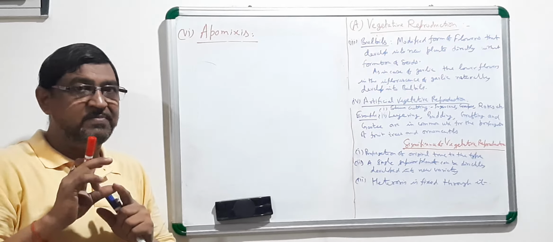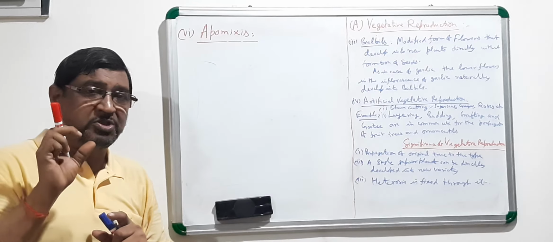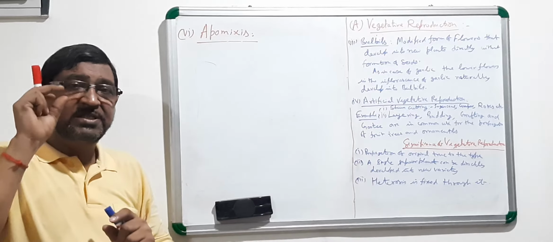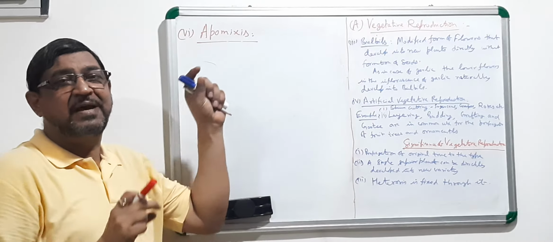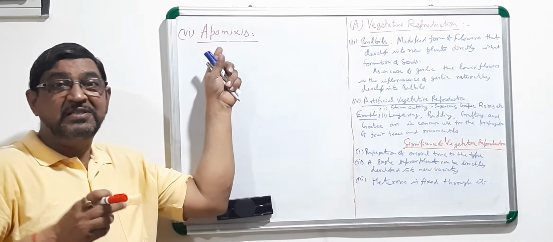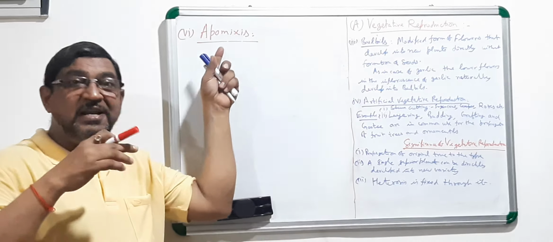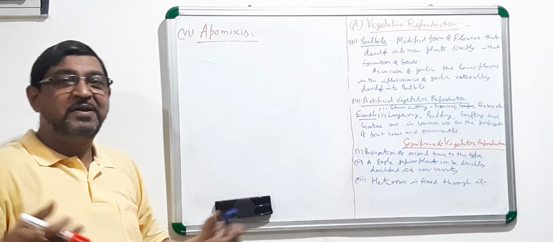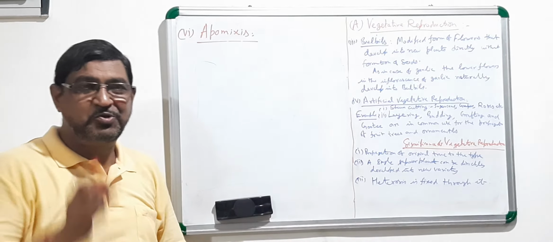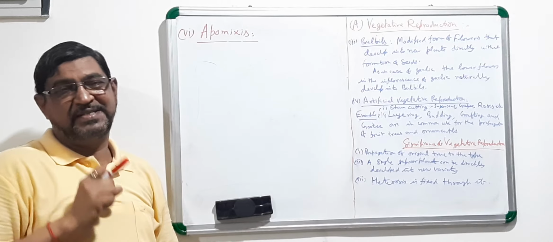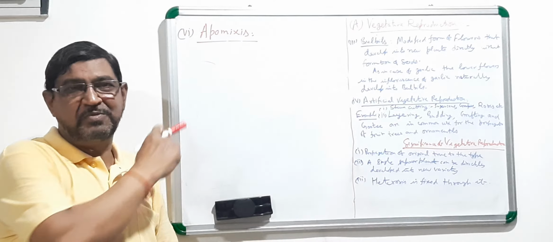The same genetic architecture is there in that seed, because it is produced asexually. So if you are getting a larger number of seed, you can grow it true to the type of that variety through this apomixis.